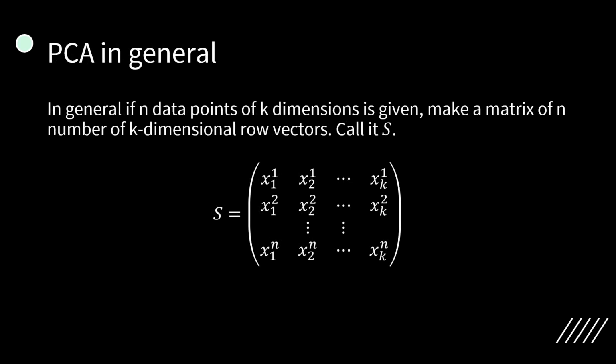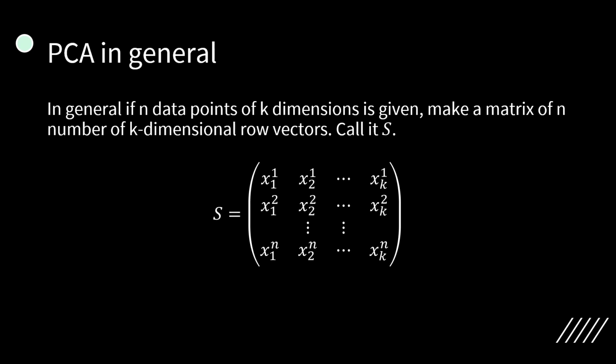So now let me explain PCA in general dimensions. In general, if n data points of k dimensions are given, make a matrix of n k-dimensional row vectors, call it S. Just like before, we just put the data as rows.